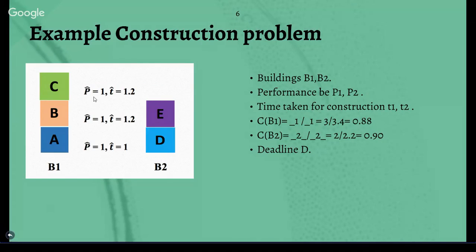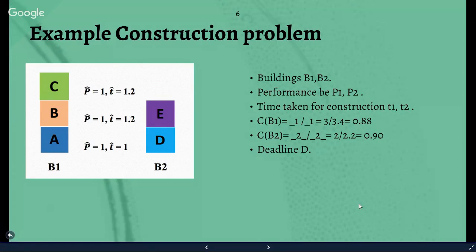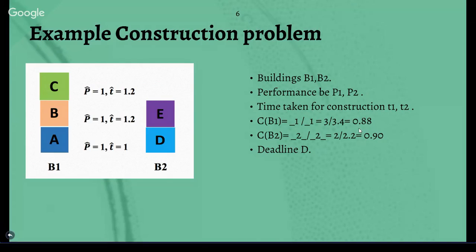As the height of the tower increases, the time taken to place the block also would increase. The time and the score are currently provided by the user. If we take a ratio, the ratio of performance over the time for building B1 would be 0.88, and for the building B2 it would be 0.9.